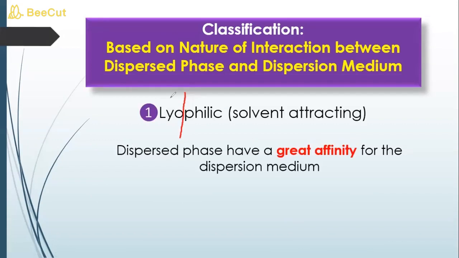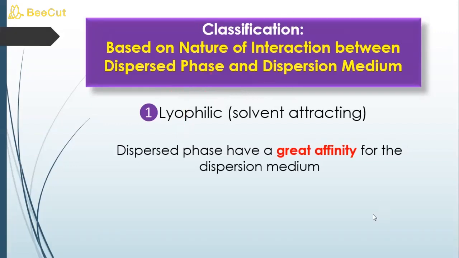In the word lyophilic, lyo stands for solvent and philic stands for loving. This word itself clearly indicates that there is going to be a huge attraction between the dispersed phase and the dispersion medium.